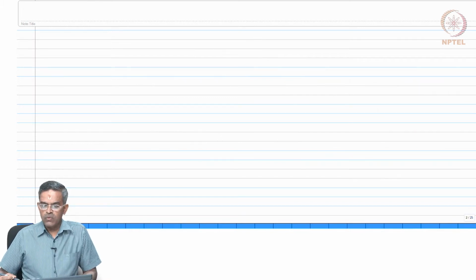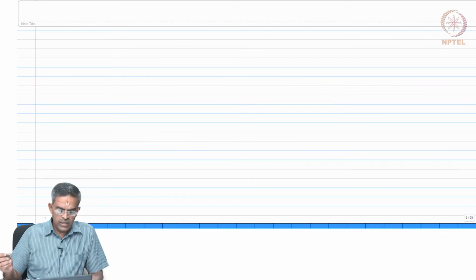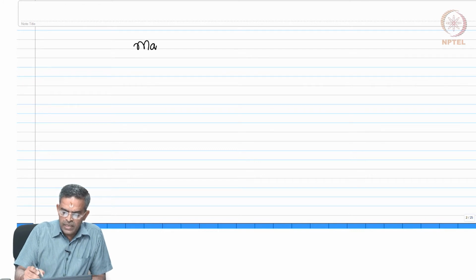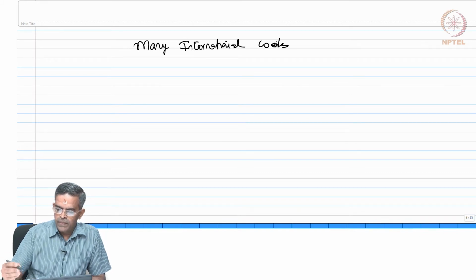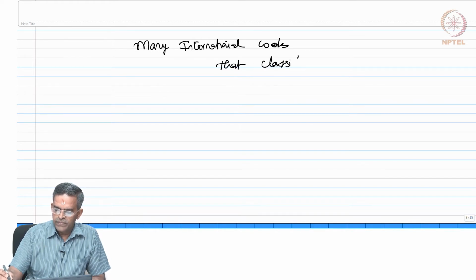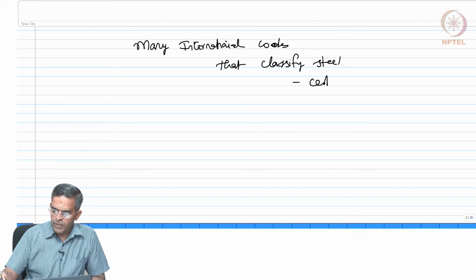So, with the last note we had in the previous lecture, we said there are many international codes that classify steel based on certain properties.